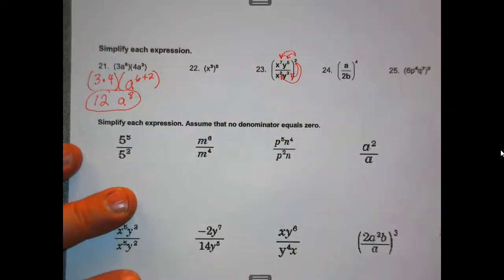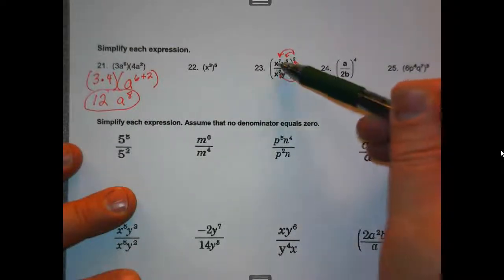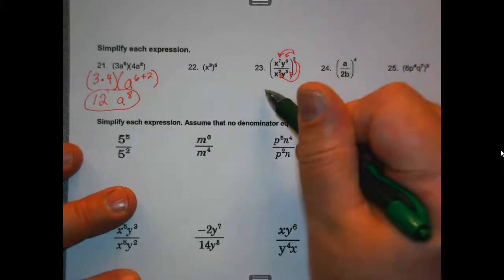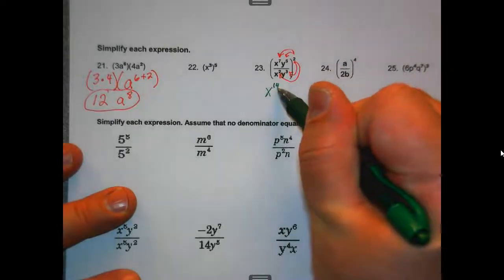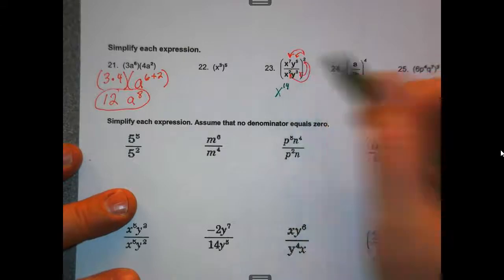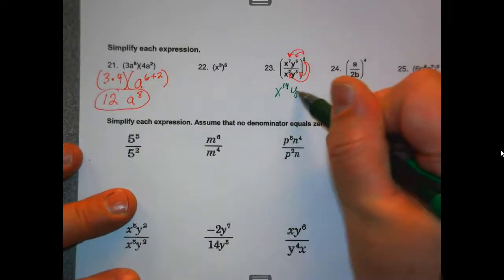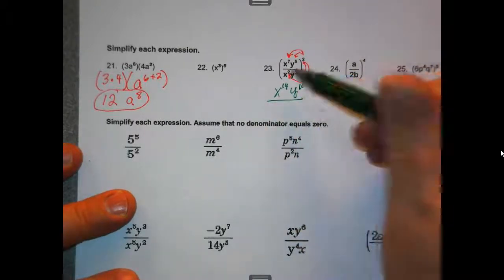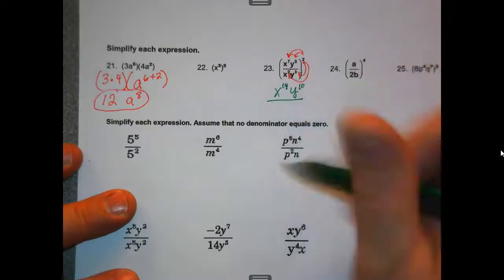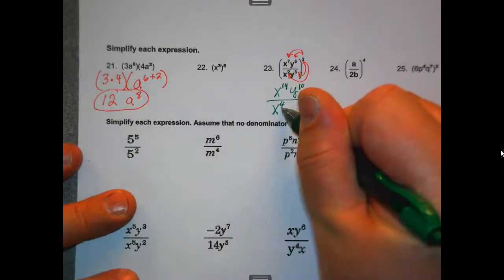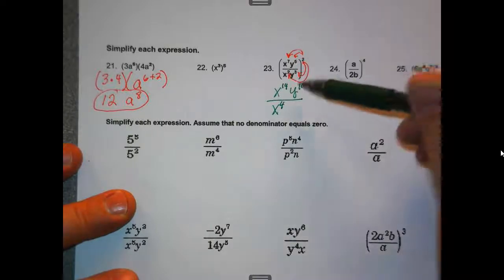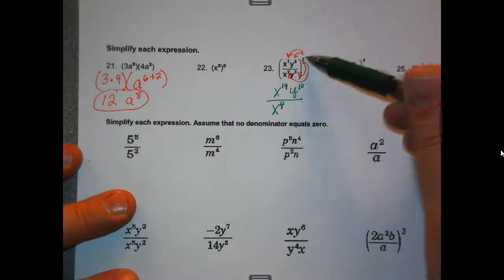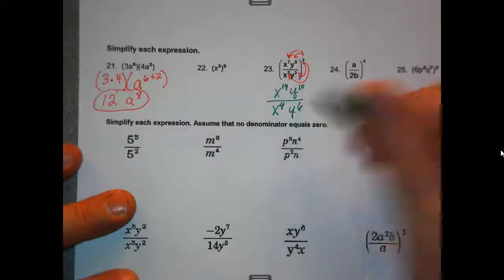Okay, so I have x to the 7 times 2, x to the 14th, y to the 5 times 2, y to the 10th, x to the 2 times 2, x to the 4th, y to the 3 times 2 is y to the 6th.